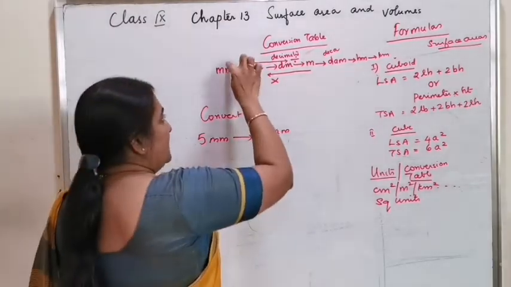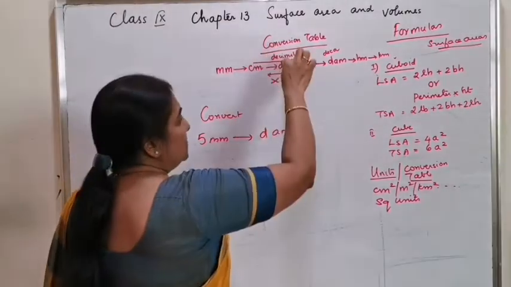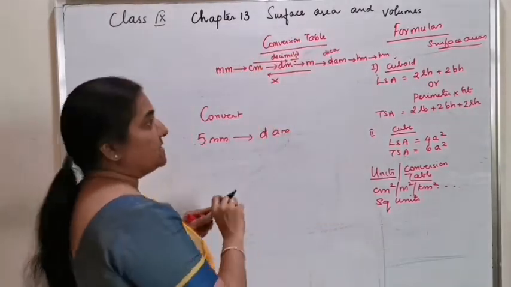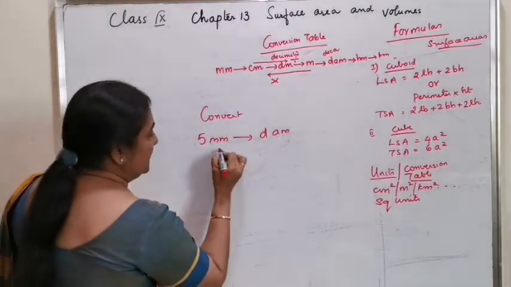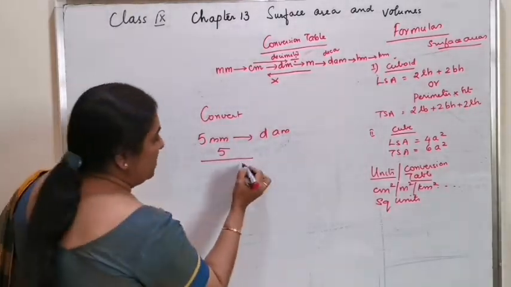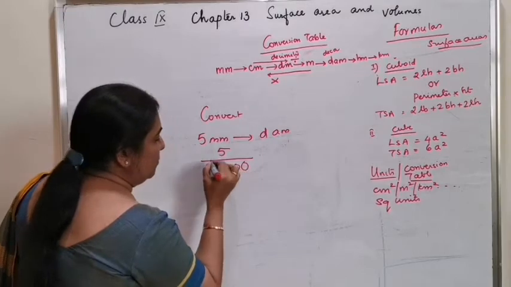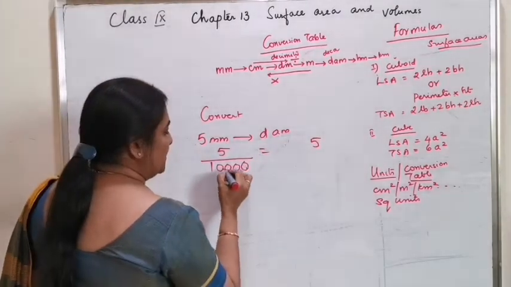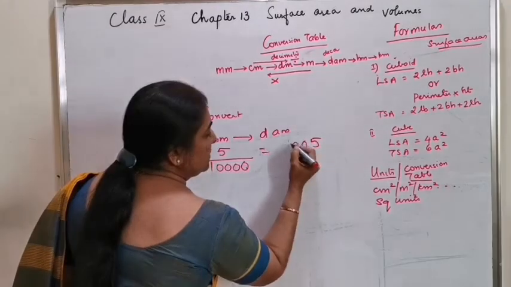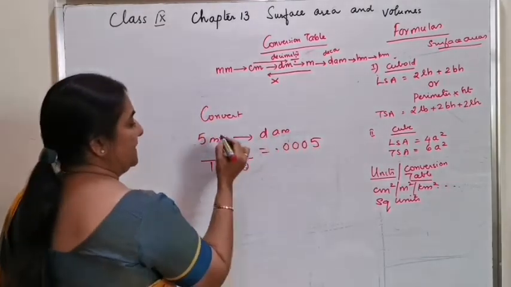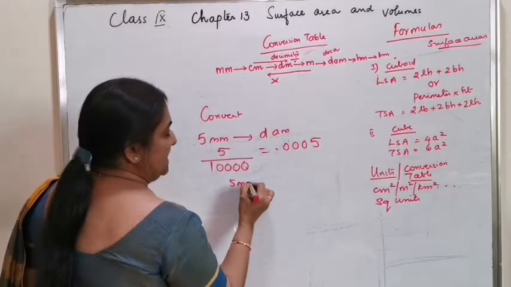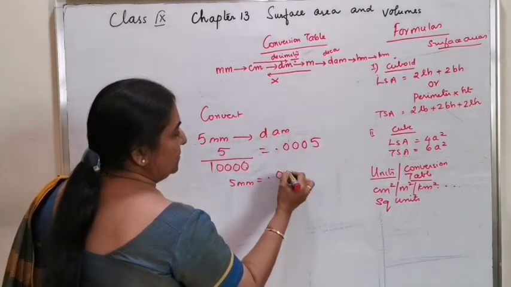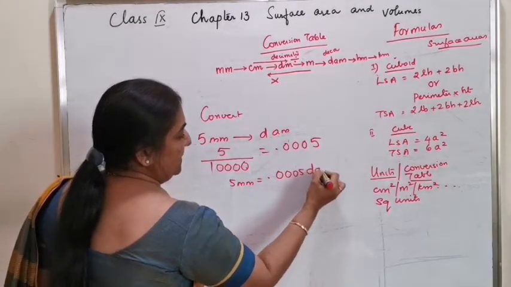That means the movement of 1, 2, 3, 4 places to the right shows that 5 is divided by 1, 2, 3, 4 zeros, which is the same as moving 4 decimal places. That means 5 millimeter is the same as 0.0005 decameter.